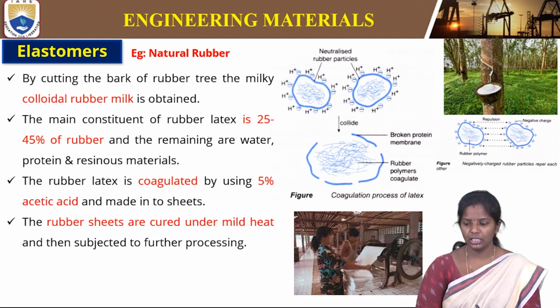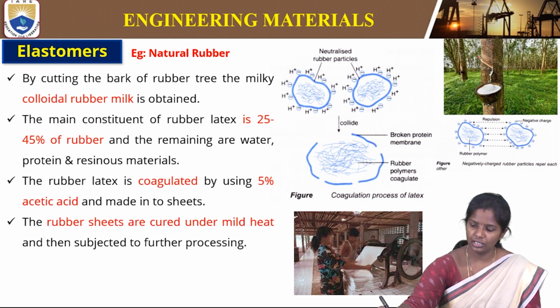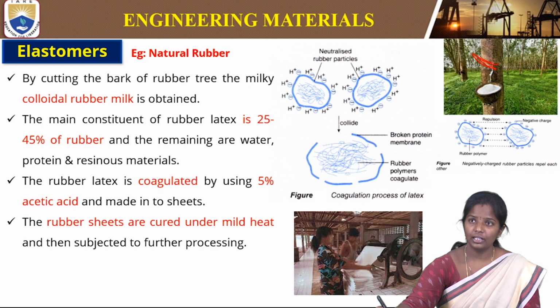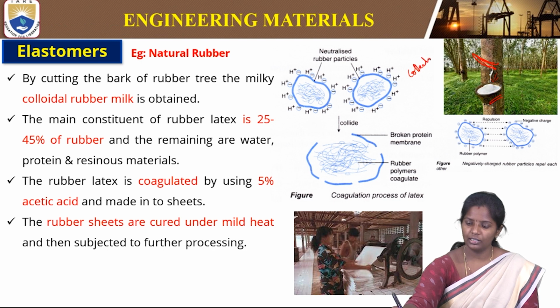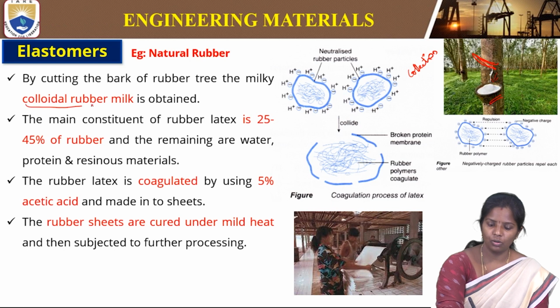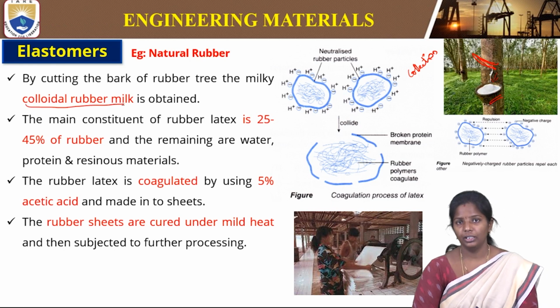If you see this picture in detail, there is a cut made here, which gives the latex out, and it is collected here. So initially the collection of latex is done. That is nothing but the colloidal rubber milk from the rubber tree.